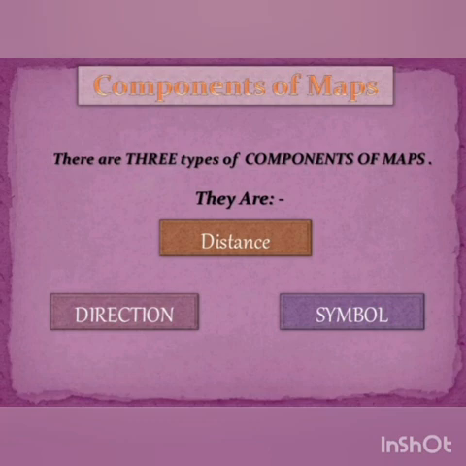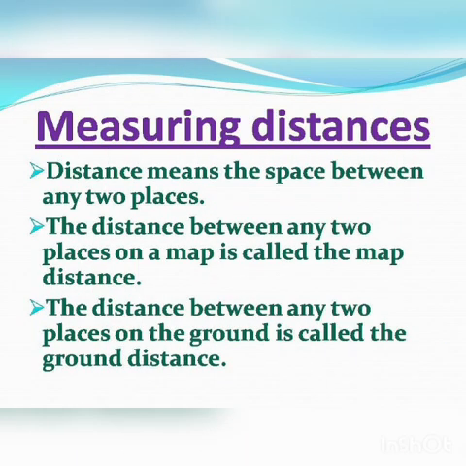The direction of a place with respect to the north and distance between any two places are essential features of a map. Let us discuss these three in detail now. First is measuring distances. As we all know, distance means the space between any two places.